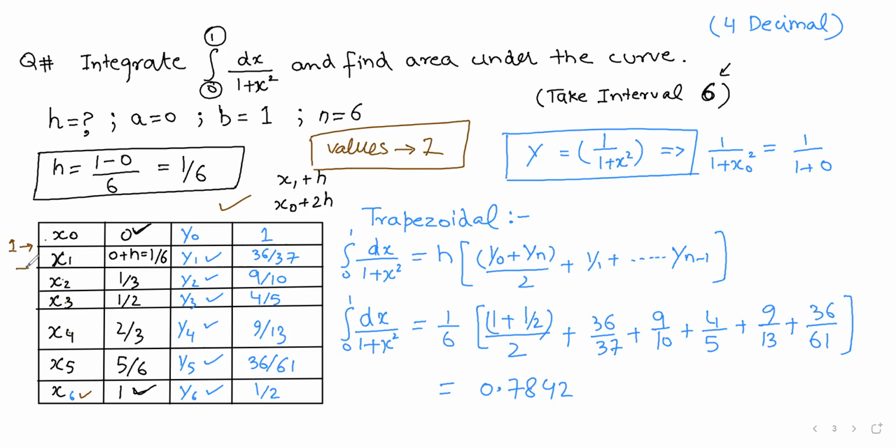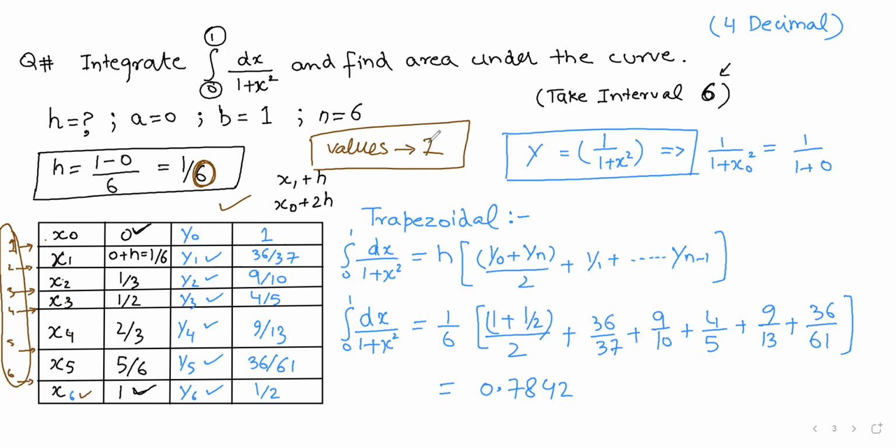This is the first interval, this is the second interval, this is the third, the fourth, the fifth, and this is the sixth interval. So these are 6 intervals, right? So we calculated the intervals like this, 6 intervals.